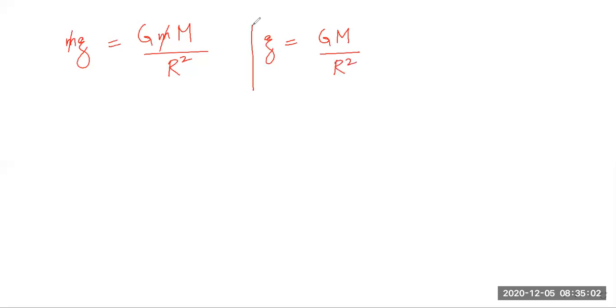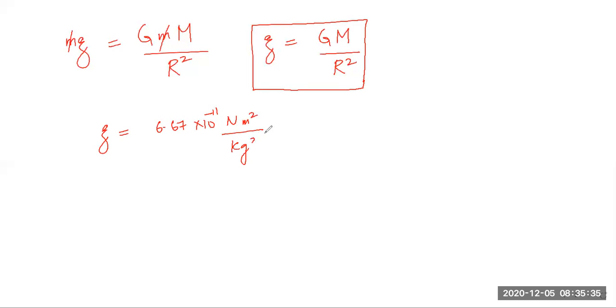It's a beautiful formula which can help us accurately calculate the value of g. Let's put in all the values. Acceleration due to gravity means the acceleration with which all the bodies fall towards the surface of the earth. The value of G is 6.67 into 10 raised to power minus 11 Newton meter square divided by kg square, right, into the mass of earth.